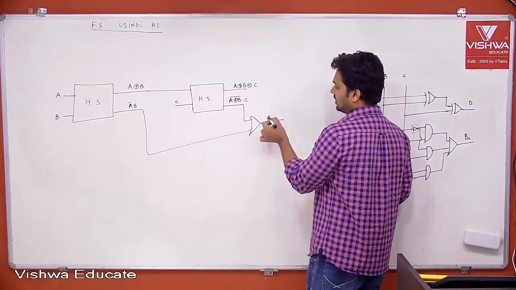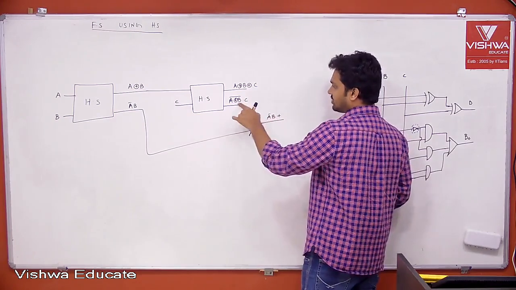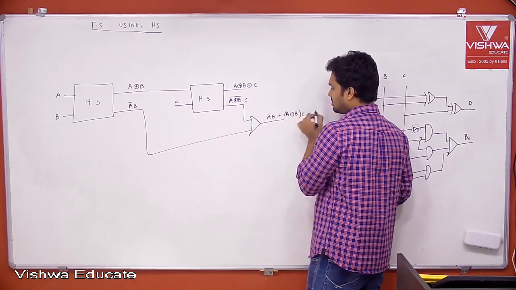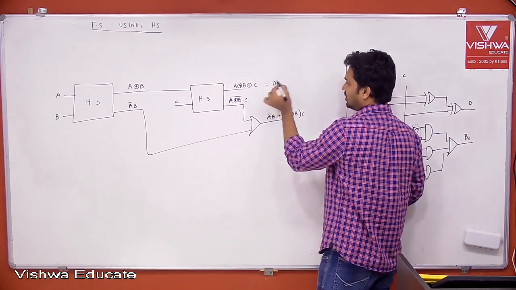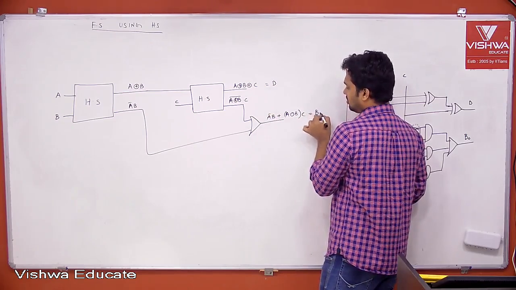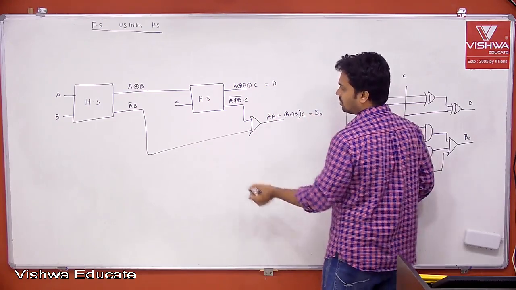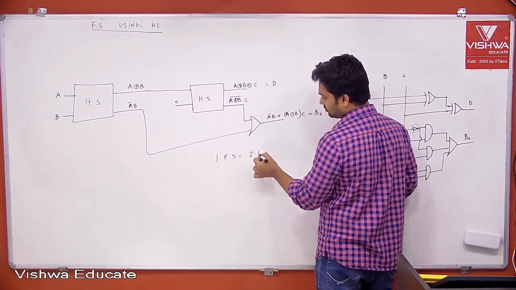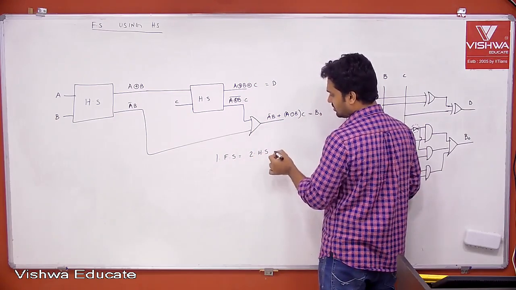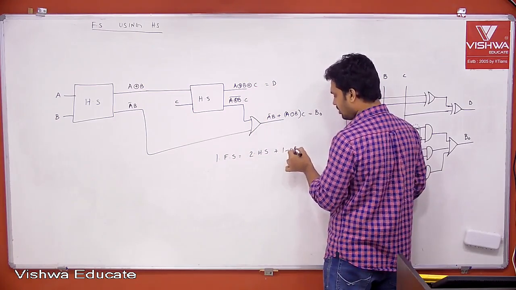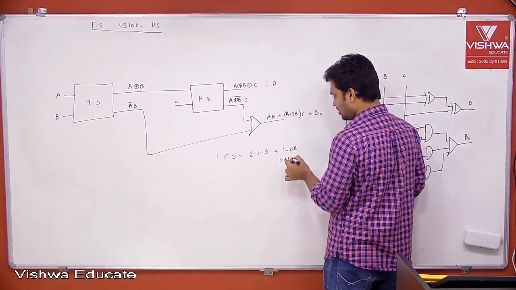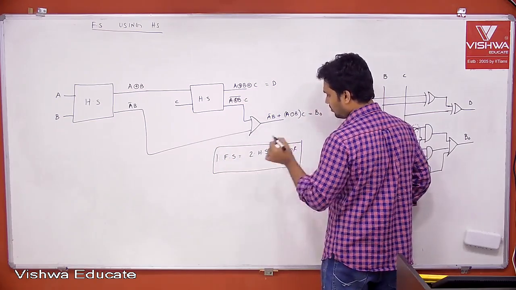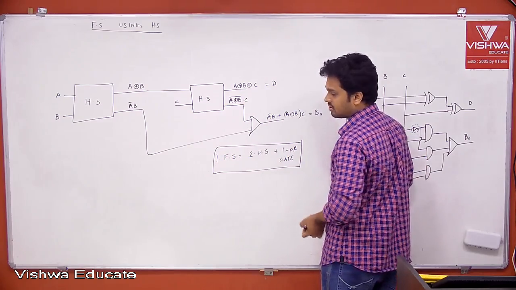So what is this? A bar B plus A XOR B whole bar into C is nothing but A XOR B into C. This is your difference. This is your borrow. So one full subtractor is equal to 2 half subtractors plus 1 OR gate, similar to your full adders and half adders relation.